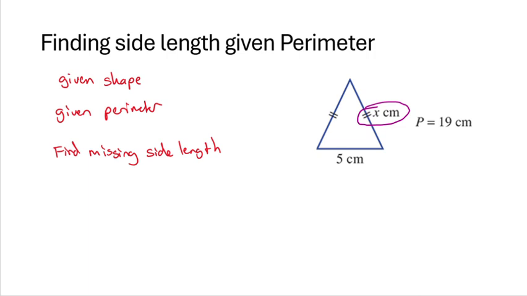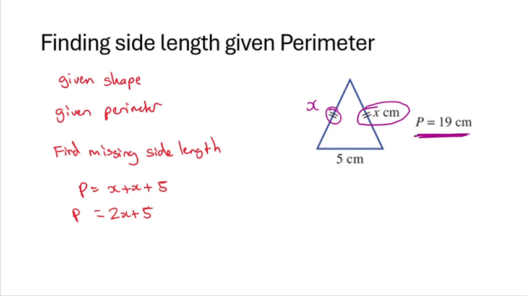I have these dashes or markings here, and that's x centimeters. And over here, I've got the dashes as well. So that means this must also be x centimeters. Now, if you were to write out the perimeter, the formula for perimeter would be x plus x plus 5, because you're adding up all the side lengths. Now, this would be P is equal to 2x plus 5.